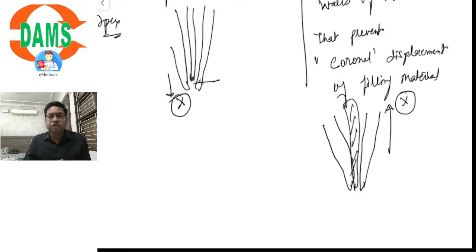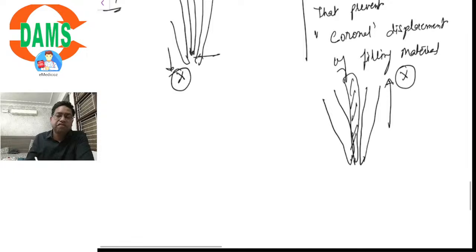So for prevention of coronal displacement, the instrument or your obturating material should fit snugly at the working length that you have determined previously, and should not be displaced either apically or coronally. That is known as the development of retention and resistance form. Okay, so you have to differentiate between what is retention form and what is resistance form.